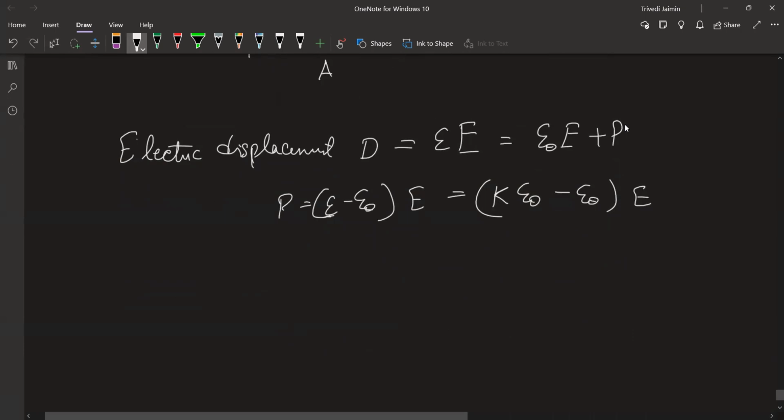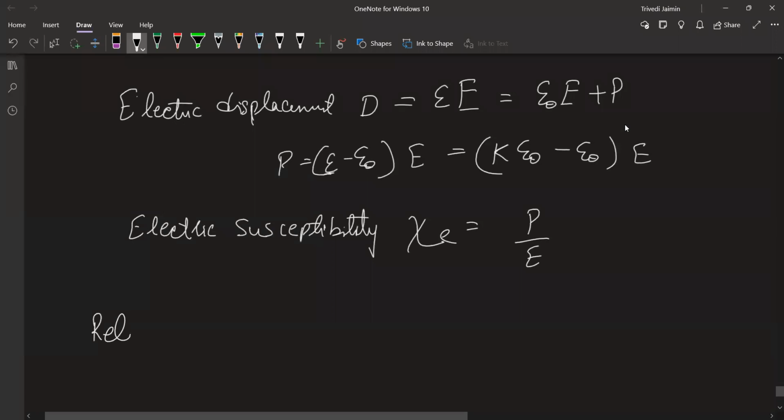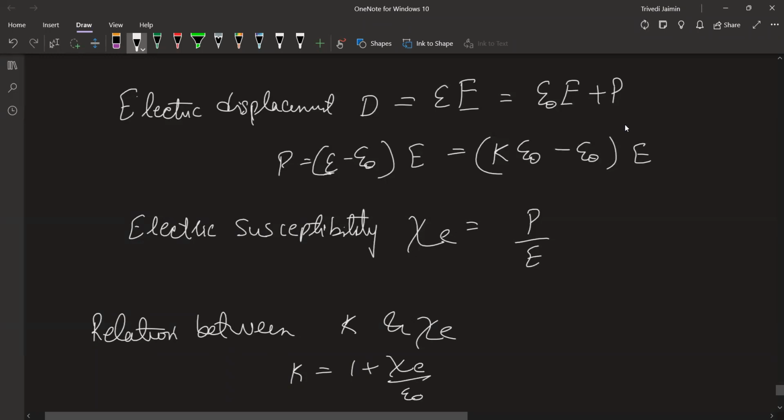So susceptibility is P by E. The relation between K and susceptibility: K equals 1 plus psi E by epsilon naught.